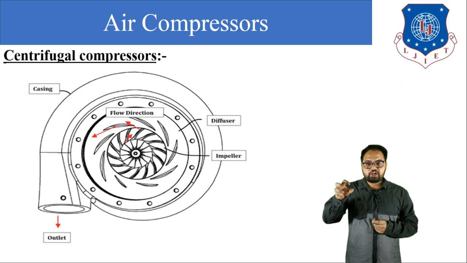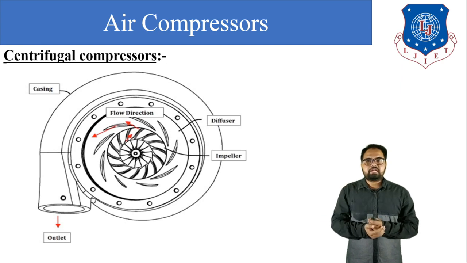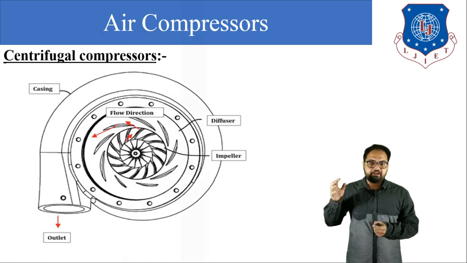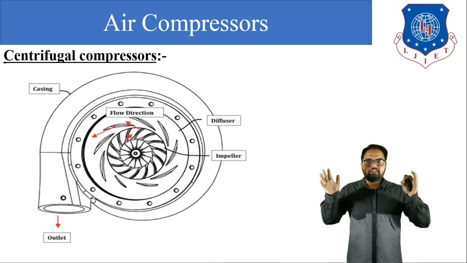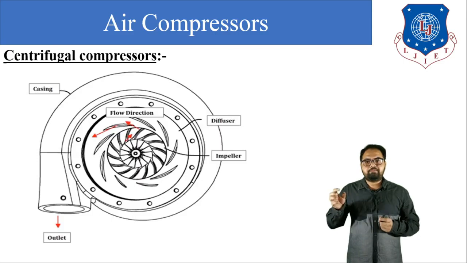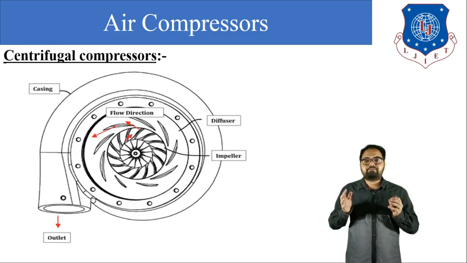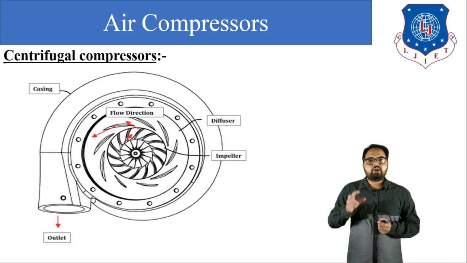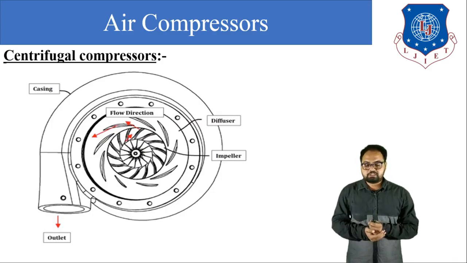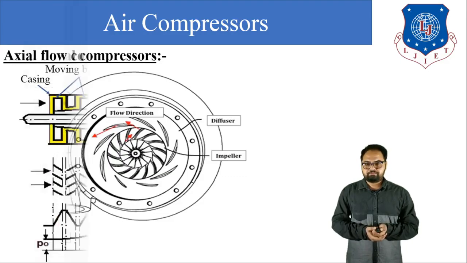Due to that, suction of air takes place inside the compressor, and that air will be compressed between the impeller and the casing, and with high pressure the air gets discharged with the help of centrifugal force. This type of centrifugal air compressor rotates at around 30,000 rpm. So this is the basic of the centrifugal air compressor.